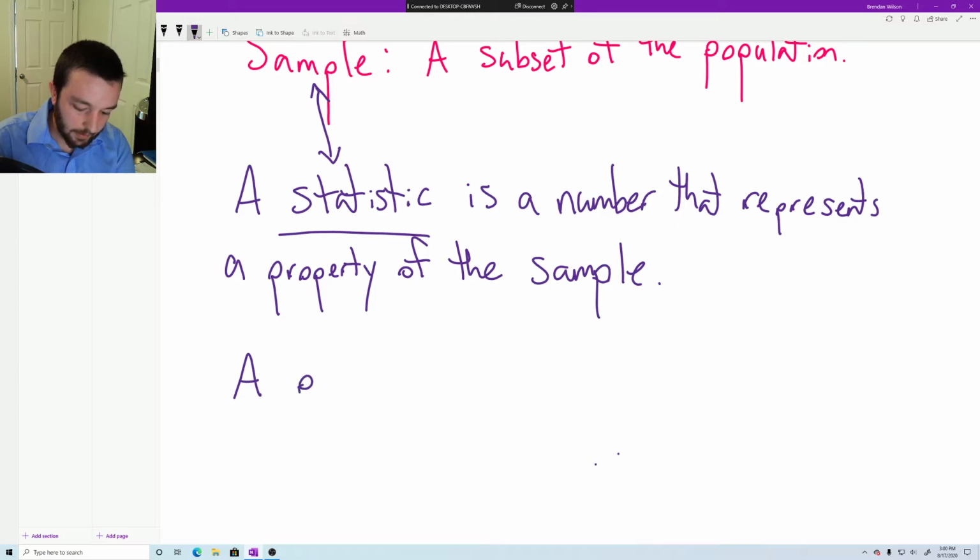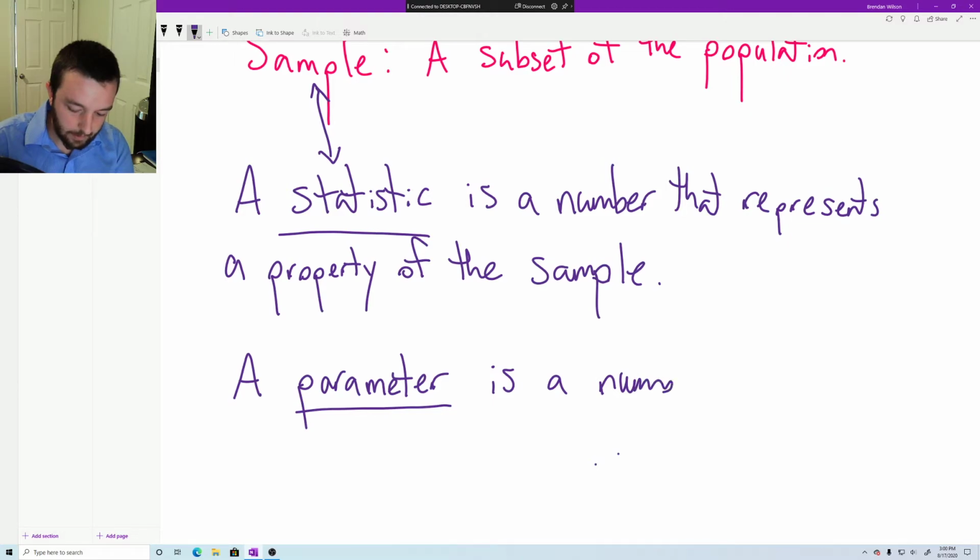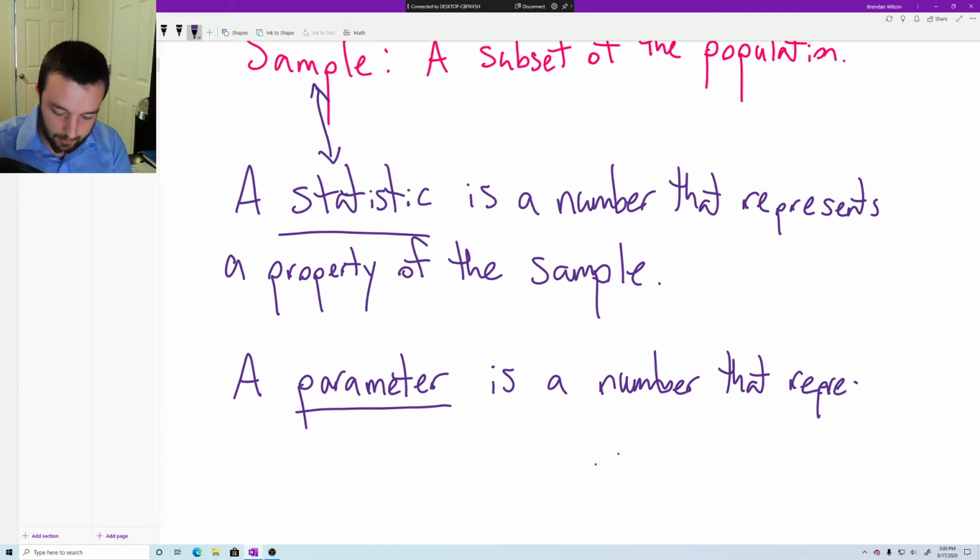A parameter is a number that represents a property of the population.